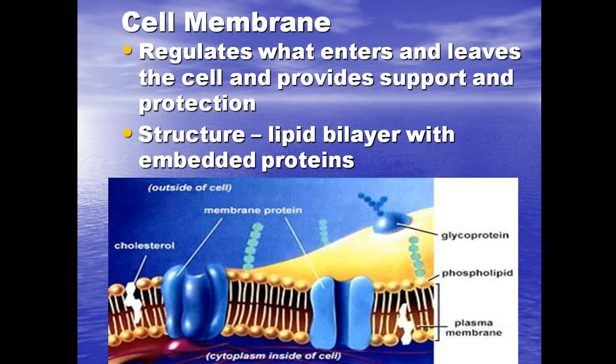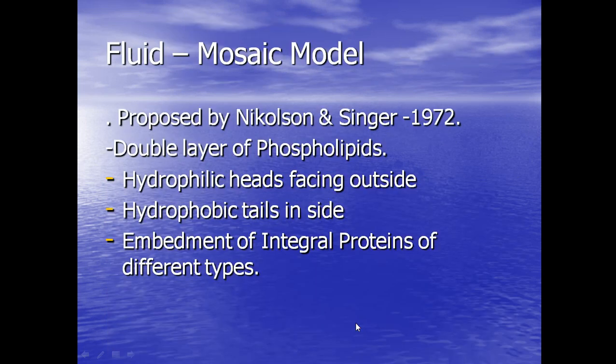Now, if you look into the structure of the plasma membrane, it is mostly made up of a lipid bilayer, that is the phospholipid bilayer, and proteins are embedded within that. So this model of the structure of the plasma membrane, which satisfactorily explains the selective permeability, was given by Singer and Nicolson in 1972.